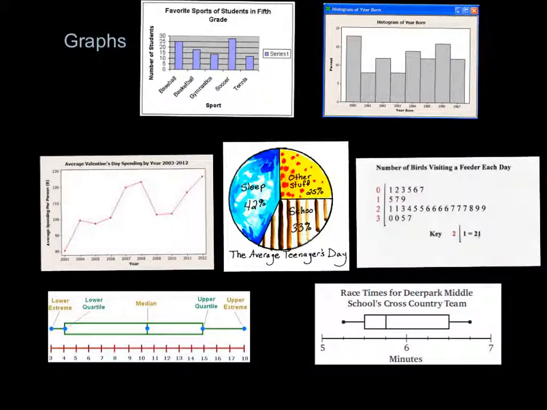One that could be challenging for you is the box and whisker graph at the bottom. That is one that you could extend your knowledge of graphing to include in your statistical investigation if it suits your data.